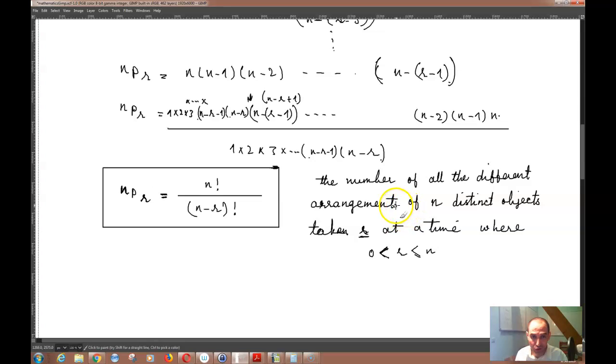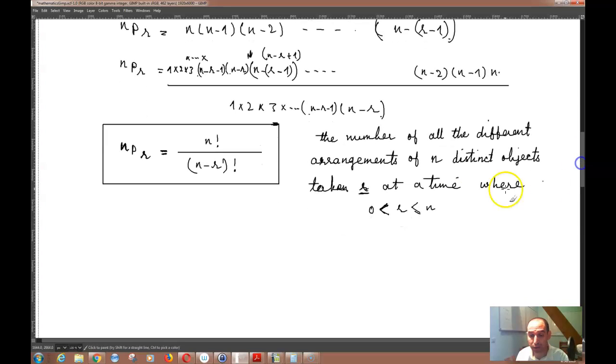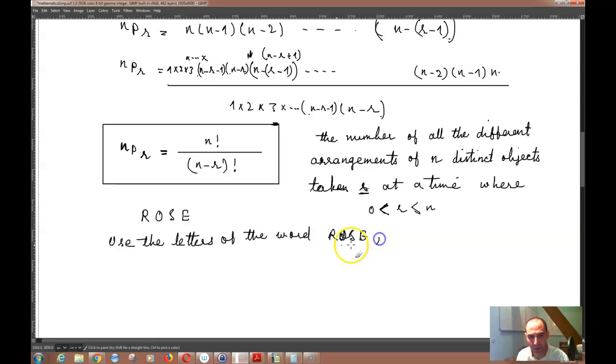And in case you do need a practical example to remember this, what you can remember here is the letters of the word rose, the example that we already had.